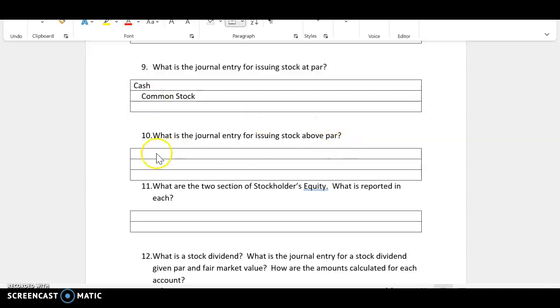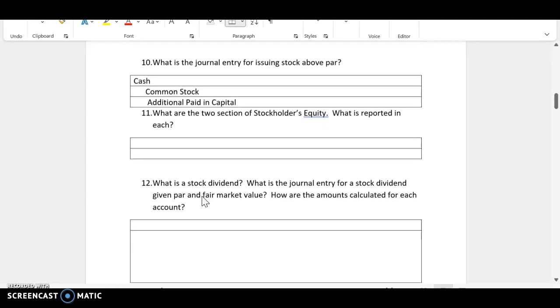Okay, what is the journal entry for issuing stock above par? Still debit cash. Still credit common stock at par amount, and then the rest goes into additional paid in capital or paid in capital in excess of par, either one of those.